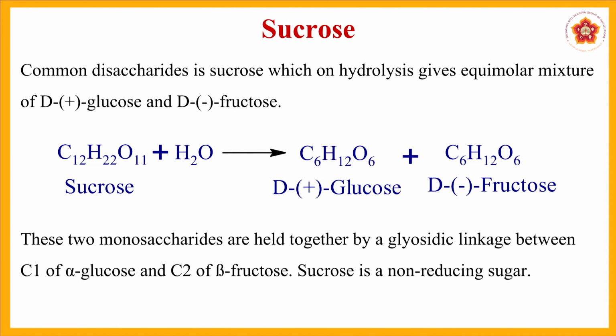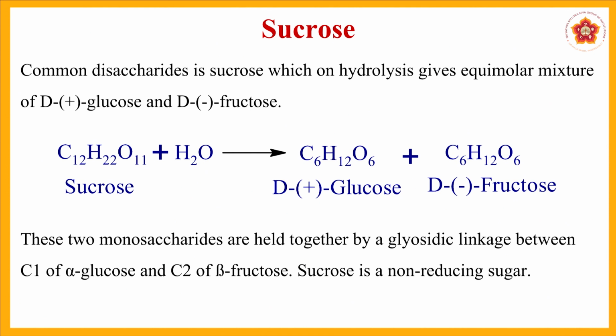Sucrose, a common disaccharide, on hydrolysis gives an equimolar mixture of D plus glucose and D minus fructose. We have studied D plus glucose and D minus fructose. D plus glucose means dextrorotatory glucose, D minus fructose means levorotatory fructose, right. These two monosaccharides are held together by a glycosidic linkage between C1 of alpha glucose and C2 of beta fructose.